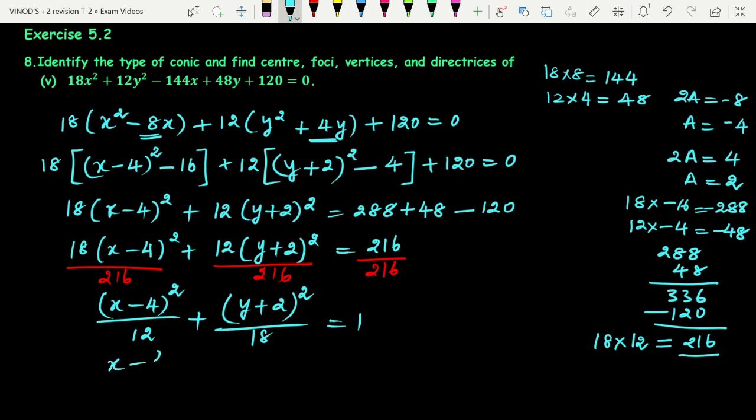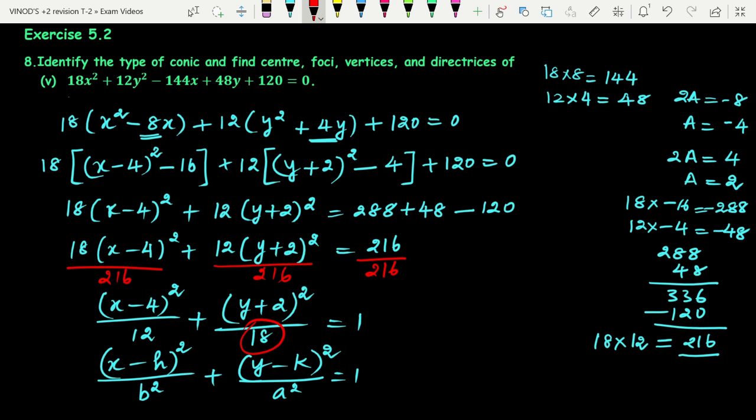The standard form of a vertical ellipse is (x − h)²/b² + (y − k)²/a² = 1. Always the greater denominator must be taken as a². So here a² is equal to 18 and b² is 12.